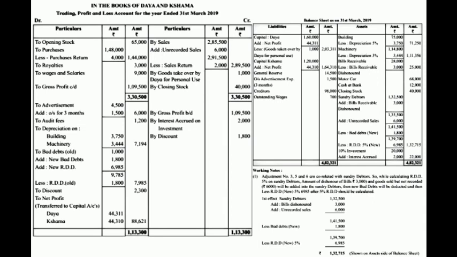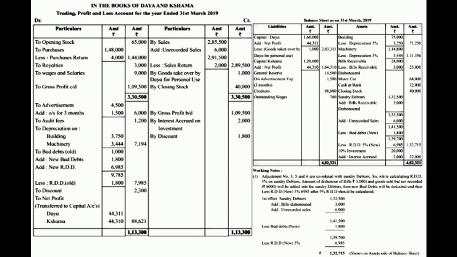As this is net profit carried on, we have to transfer this net profit to the respective capital. Daya net profit, we have to write below the Daya capital as add net profit 44,311. Then we have to deduct this 1000 also as drawing.